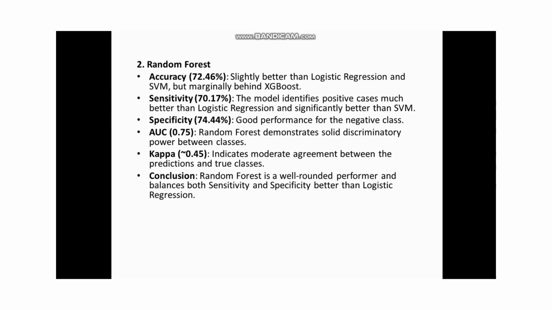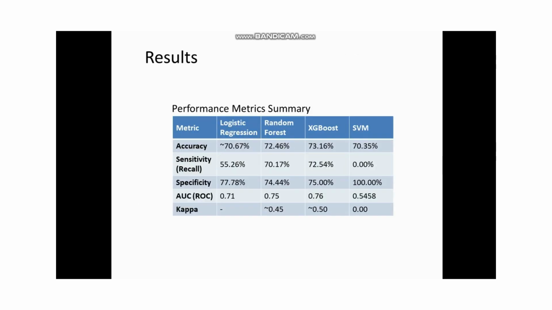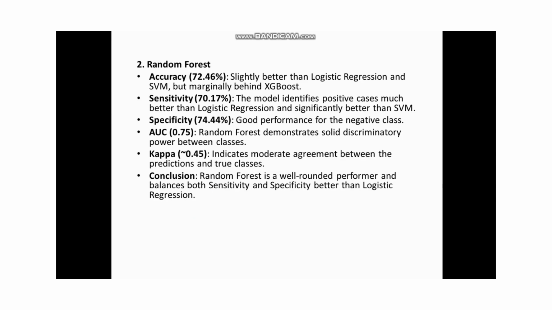So we have the kappa, which is approximately 0.445. I should mention that for the logistic regression, the kappa here is 0. All right, so let's have that interpretation for the random forest. The kappa indicates moderate agreement between the predictions and the true classes.